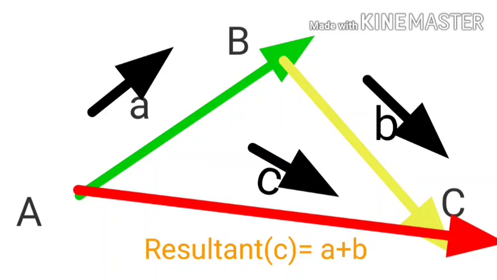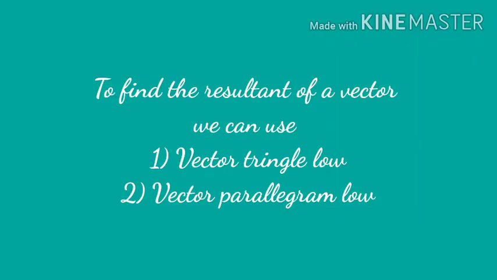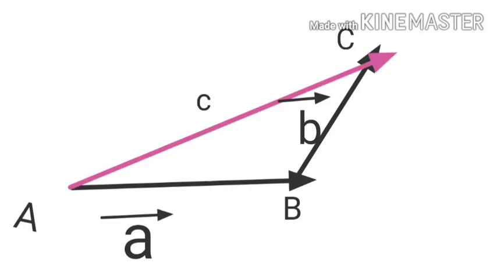To find the magnitude and direction of this resultant C, we can use two methods, vector triangle law and vector parallelogram law. Now, vector triangle law. Let us consider a triangle where two vectors A vector and B vector are represented by two sides of a triangle OA and AB. The other side of the triangle, OB, represents the resultant vector C vector.